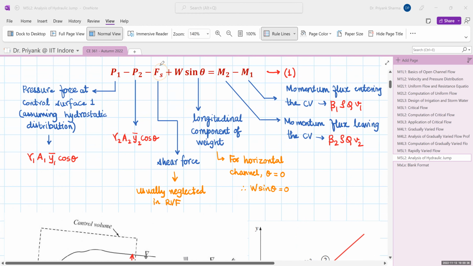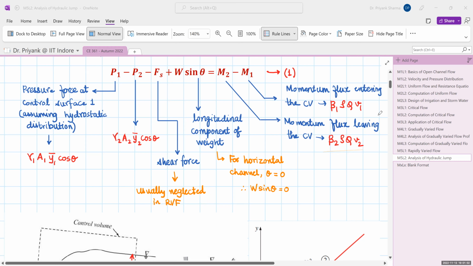In case of RVF, the boundary friction is negligible, so usually this shear force is neglected. Thus, if we consider a horizontal channel, theta is 0, so sine theta becomes 0 and this component also disappears. M2 and M1 are the momentum fluxes entering and leaving the control volume, given by beta, rho, Q, and V.